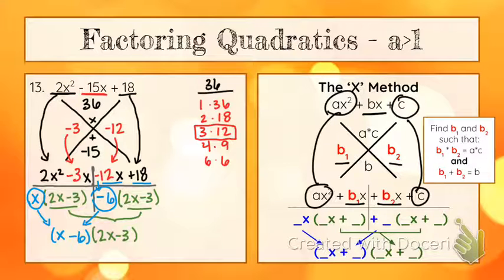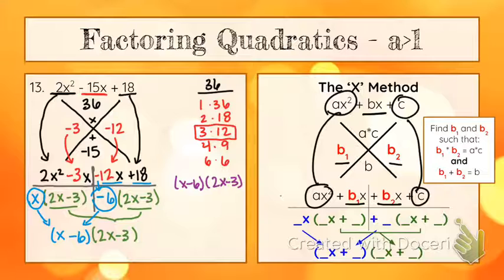And I want to show you how, if we check our answer, we find out that this is correct. So we are going to take x minus 6 times 2x minus 3. And we're going to use the FOIL method. I've taught you this before, but I'm going to show it to you a little bit differently.